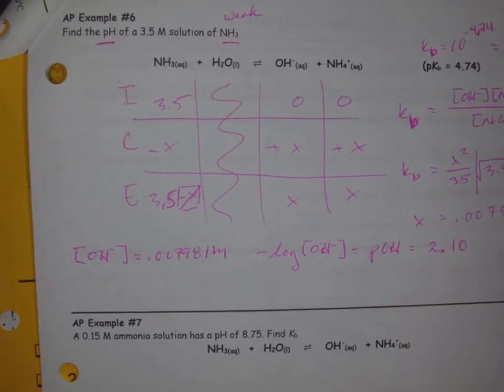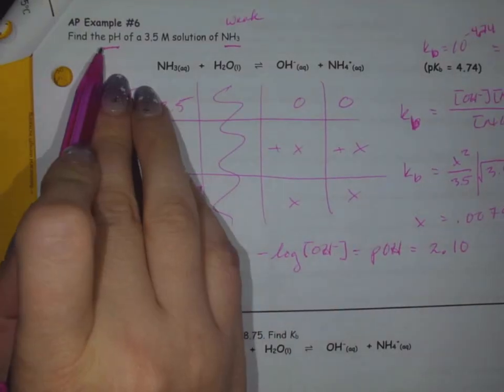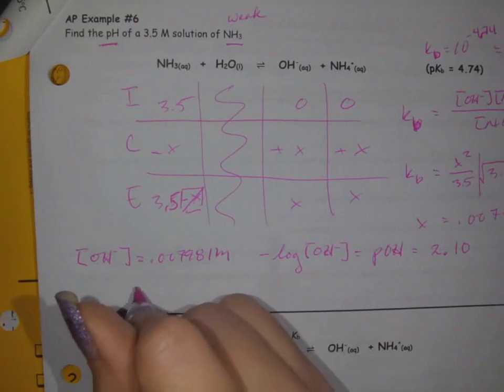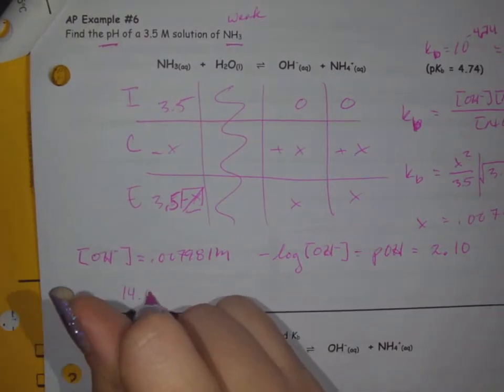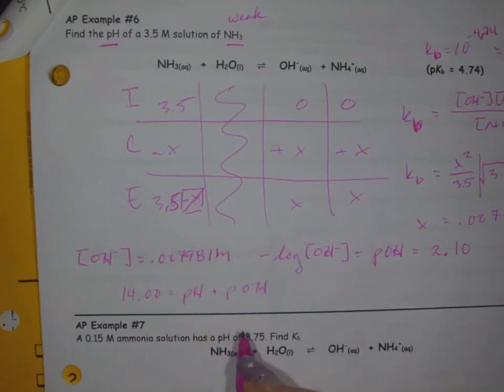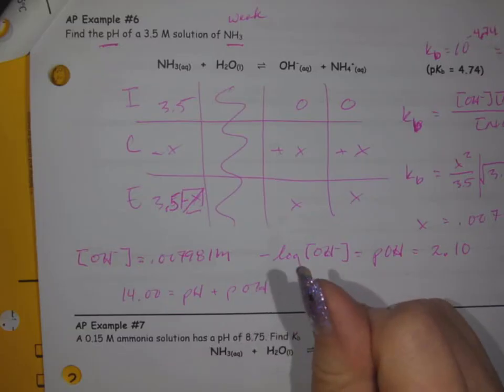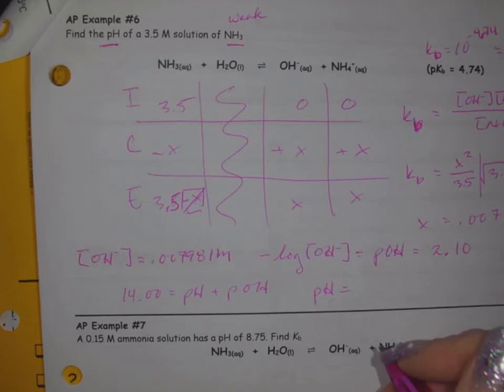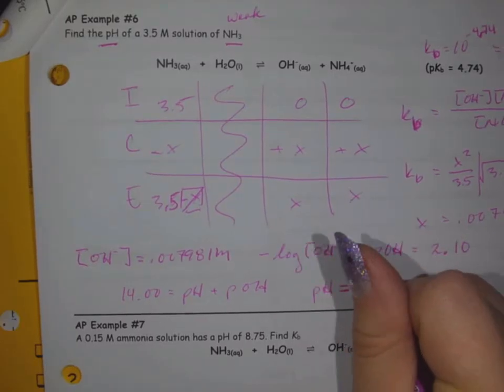That would be 2 sig figs, but this is not pH, that's pOH, and we can assume it's 25 degrees Celsius because they didn't state otherwise, and we know that 14 is equal to pH plus pOH. Our pOH is 2.10, so 14 minus 2.1, our pH is equal to 11.9.